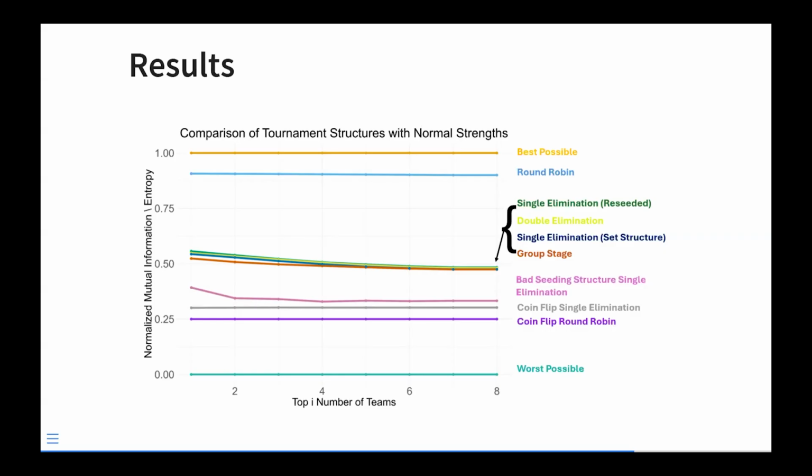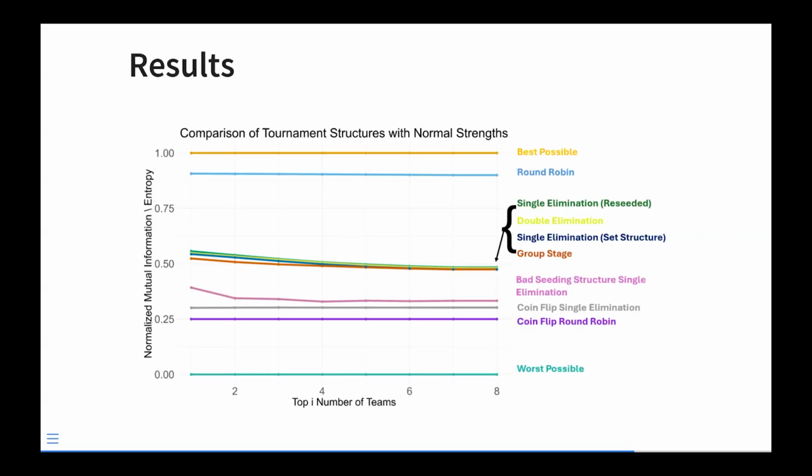With a coin flip, we're assuming the theoretical: if every team had a 50-50 shot of winning, what would that look like? That gives you a 0.25, which is basically our baseline. If it's somehow worse than that, that means you are worse than randomly assigning teams. Not entirely sure how that would be possible, but that is the worst case scenario.